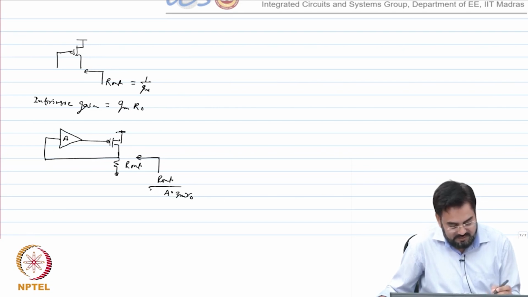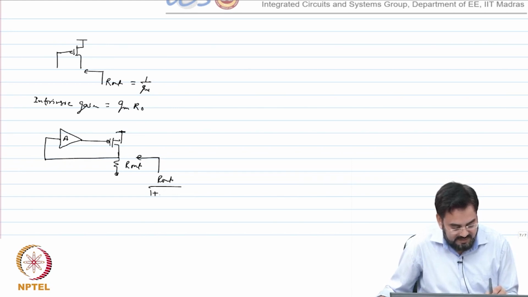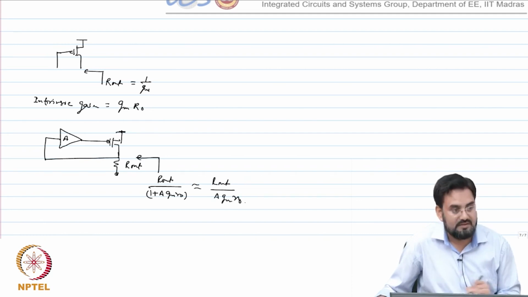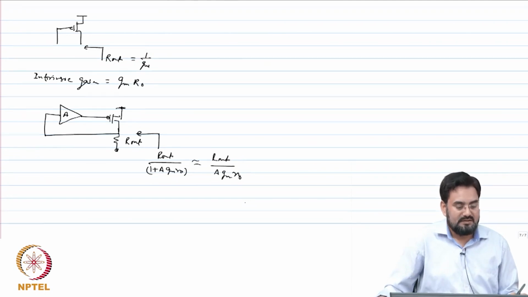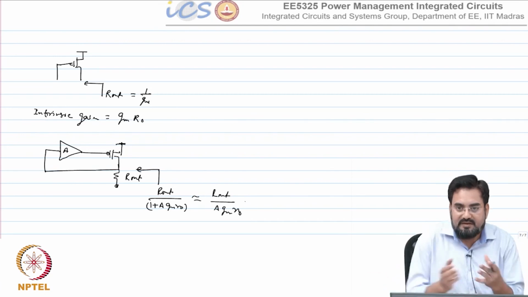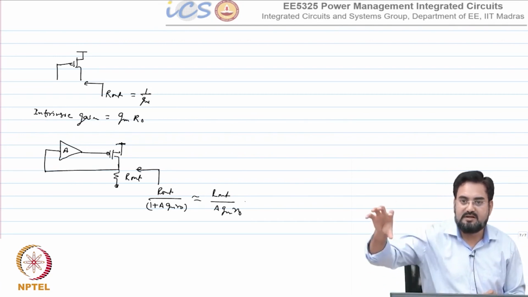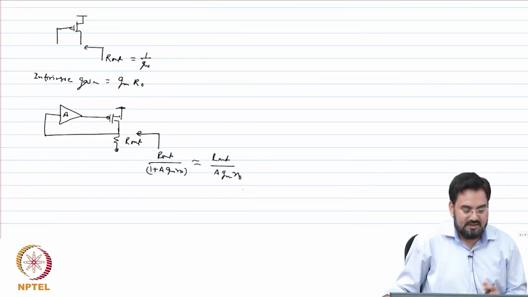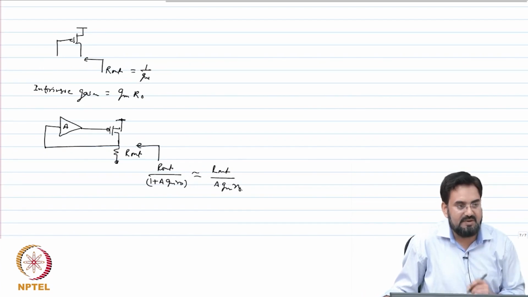Okay. So, whenever we say 1 plus A, GM R out, we usually write A, GM R out. Okay. So, now if you have a feedback, whatever the open loop gain is, your output impedance or resistance will be reduced by that amount. Now intrinsic gain is GM R out.